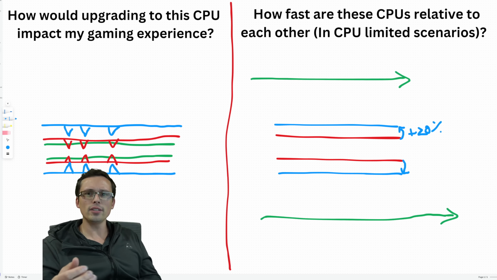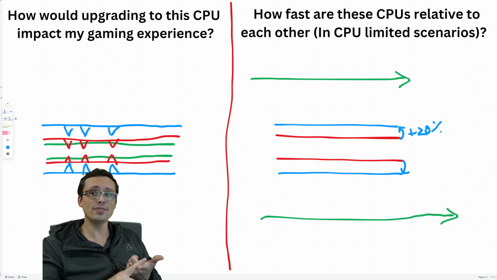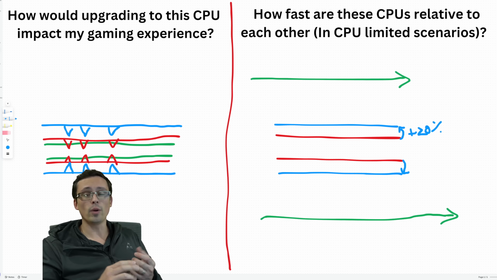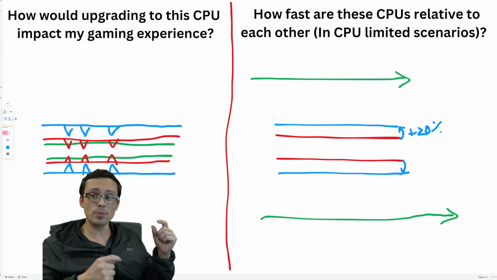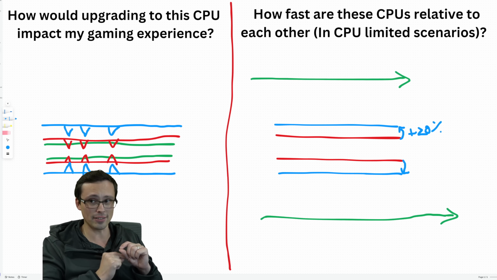Because whether you're CPU or GPU limited can depend heavily on what game you're playing, what scene of the game you're in, what monitor resolution you're using, whether you use upscaling like FSR or DLSS, and what exact GPU and CPU you currently have.